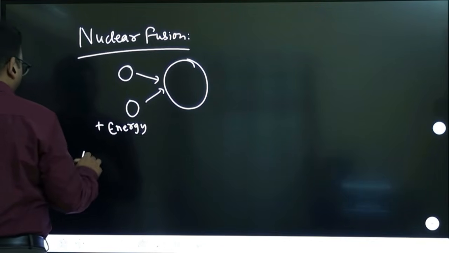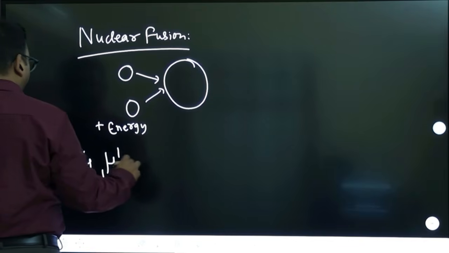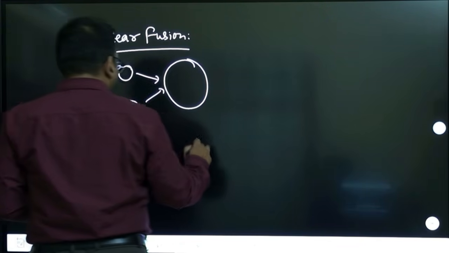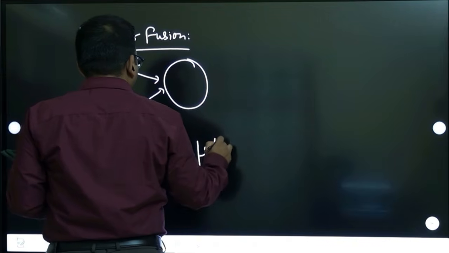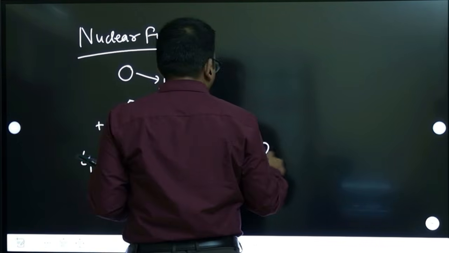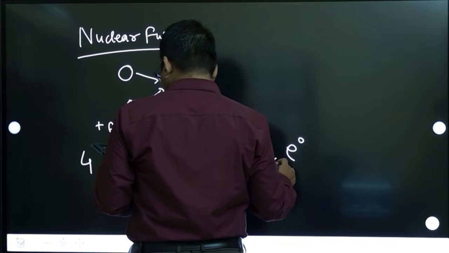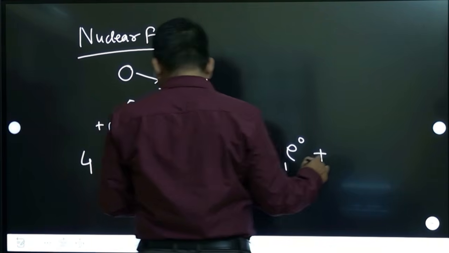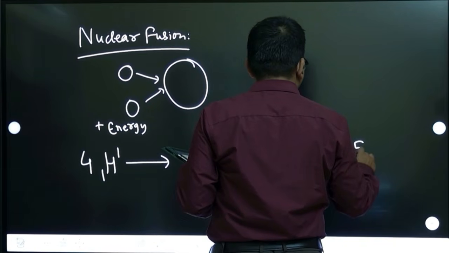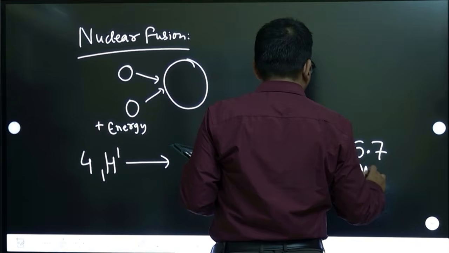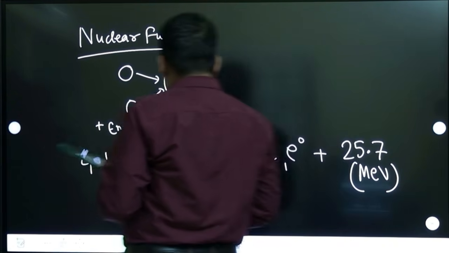So one of the most important examples is hydrogen combining into helium in the stars, and we have this energy of 25.7 million electron volt. Again, this you have to remember.